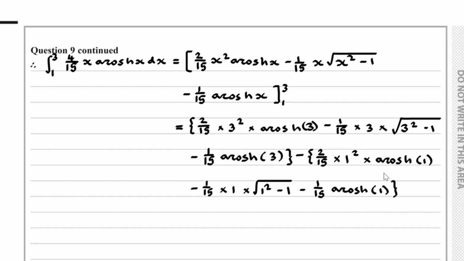That's our lower limit. So the lower limit is just equal to 0 because the inverse hyperbolic cosine of 1 is just 0. So this gives 0, this gives 0, and this also gives 0.